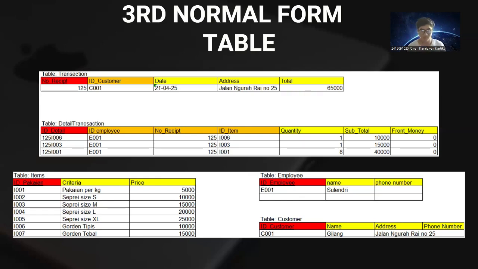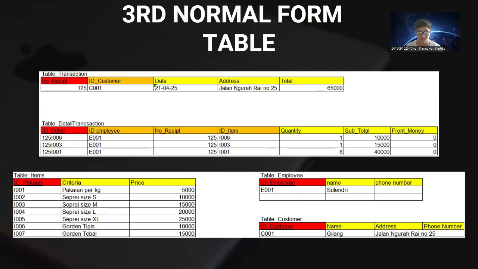Here we can also see in the transaction detail table, we combine the detail ID. Here that is 125, taken from the receipt number, and we combine it with the item ID. So for transaction receipt 125, what is the value of I006? As you can see, I006 is thin curtain, with quantity 1 square meter and total 10,000.